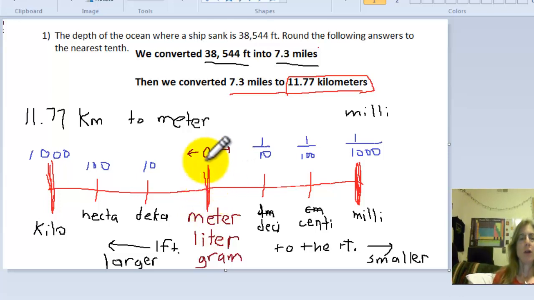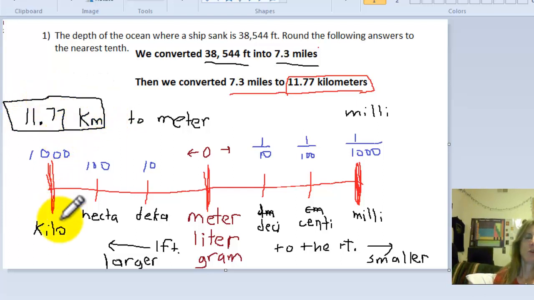So I'll try to do a couple examples of this. We're starting out with 11.77 kilometers. So here's our kilometer right here. We're going to get to meters. That's over here. So we jump 1, 2, 3. We do the same thing with our decimal.